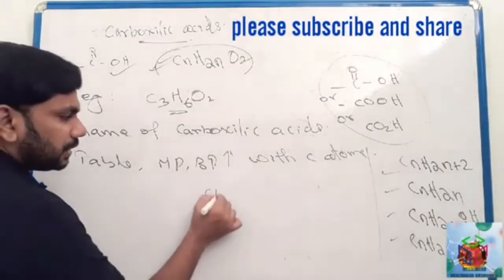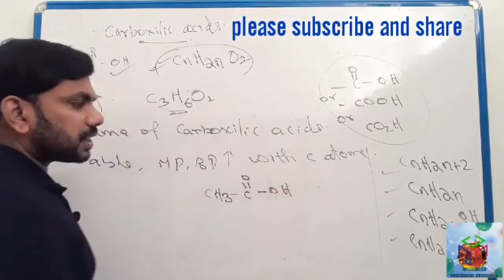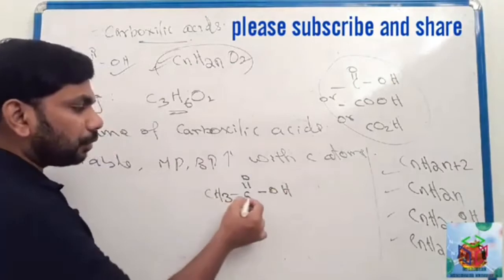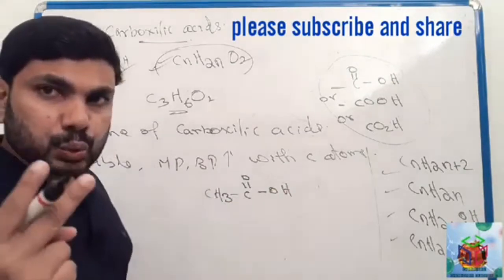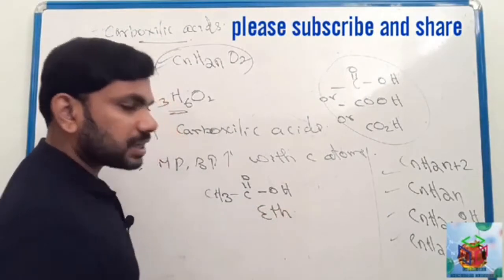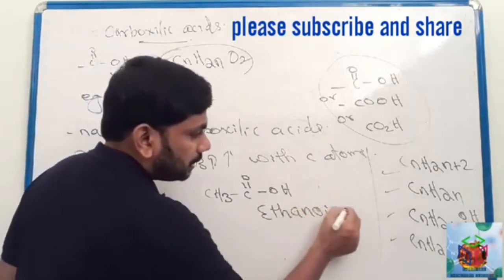Now the name of carboxylic acid. Look here, CH3, C double bond oxygen OH. This is carboxylic acid. And here how many carbon? There are 2 carbon. So the name of the carboxylic acid starts with ethanoic acid.